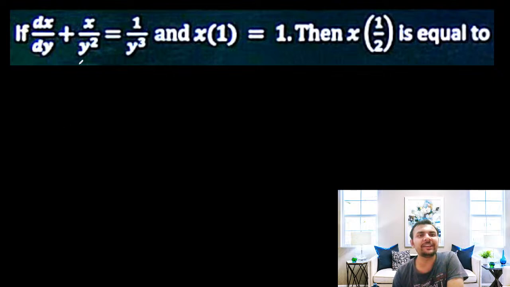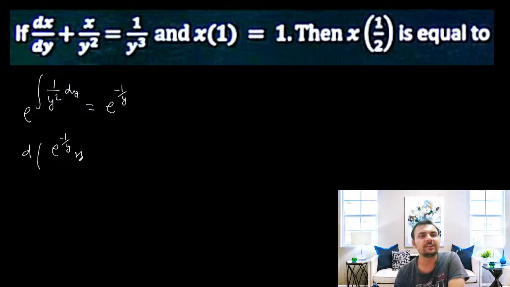Now dy by dx. So what will happen? We'll put 1 by y square e to the power 1 by y square dy, which is nothing but e to the power minus 1 by y. So the integrating factor is this. So it is nothing but e to the power minus 1 by y x d, and it is e to the power minus 1 by y.